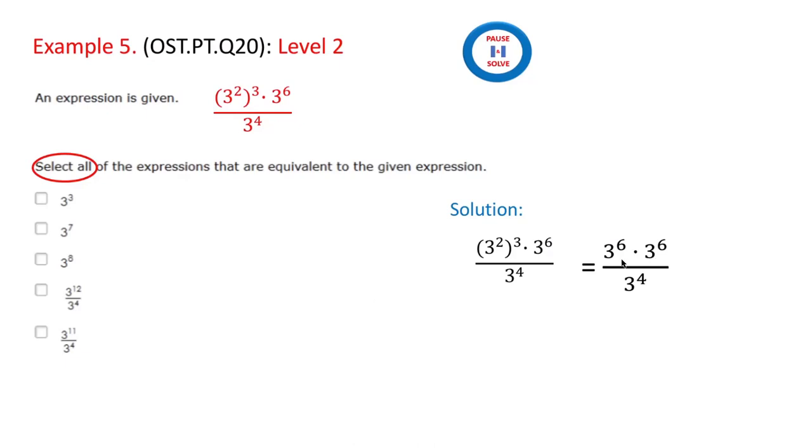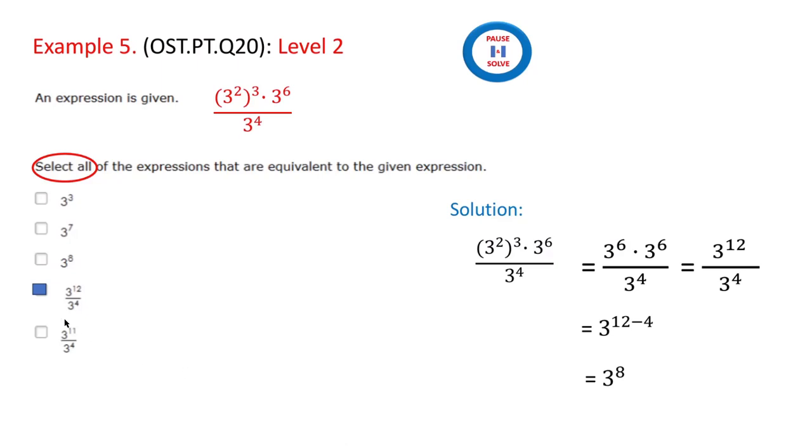So now I'm going to multiply these two terms. I will add 6 plus 6. 3 to the power 12 divided by 3 to the power 4. Somewhere here. Yeah, here's one of them. Now we can keep going. Now I can bring this up. So I will make 12 minus 4.